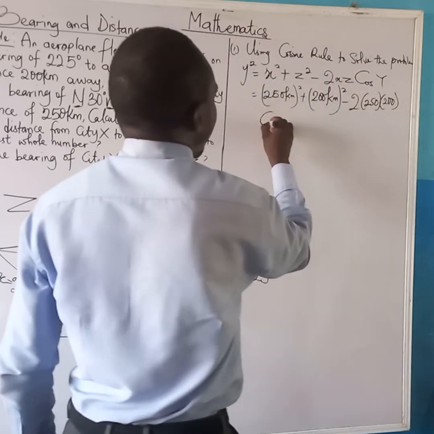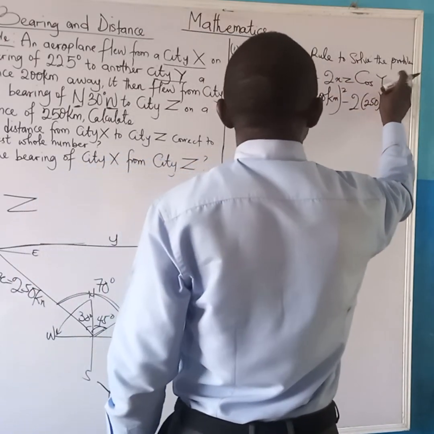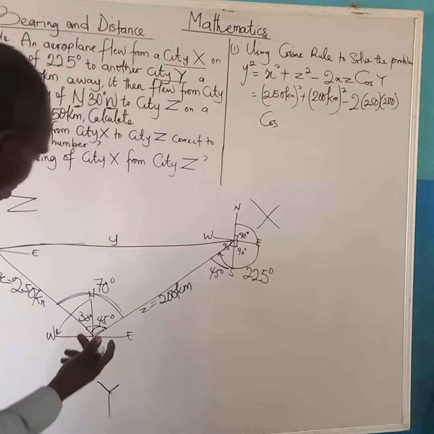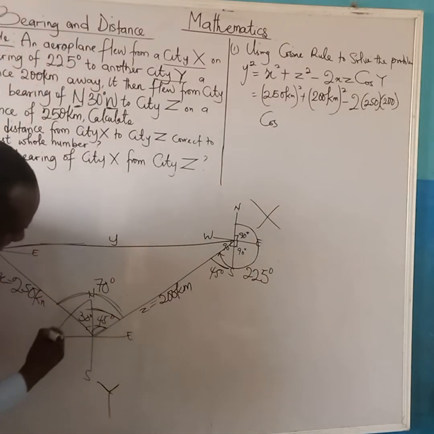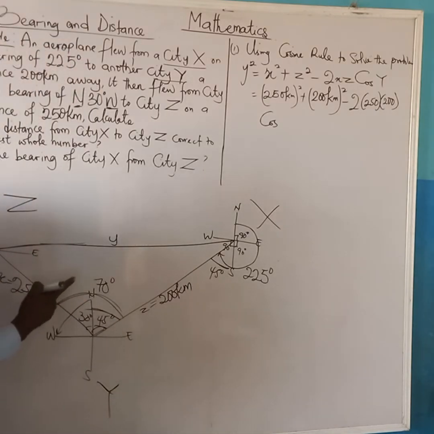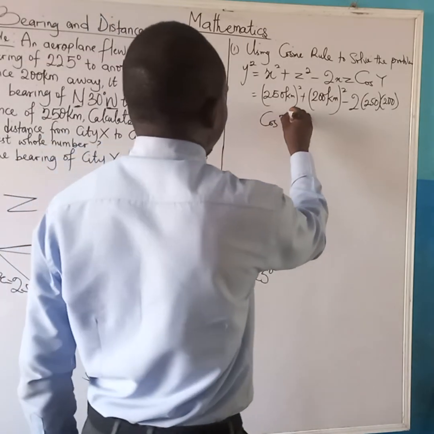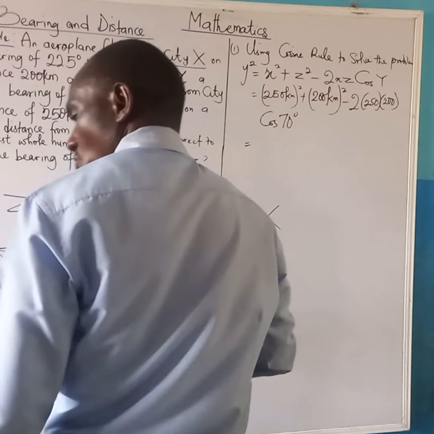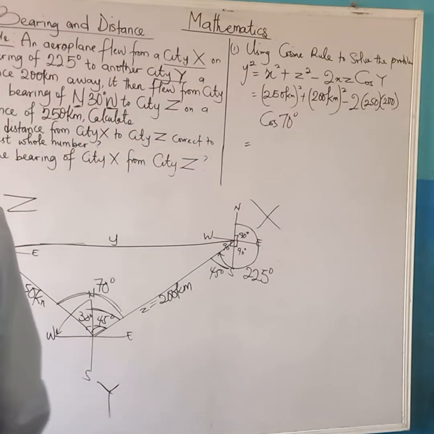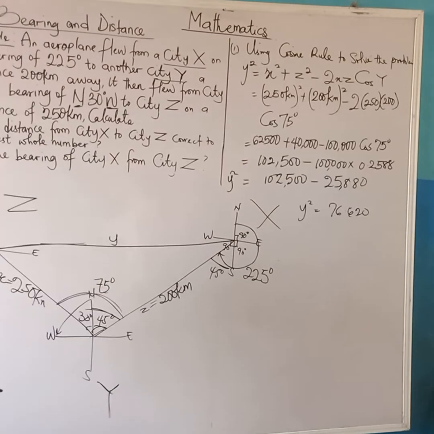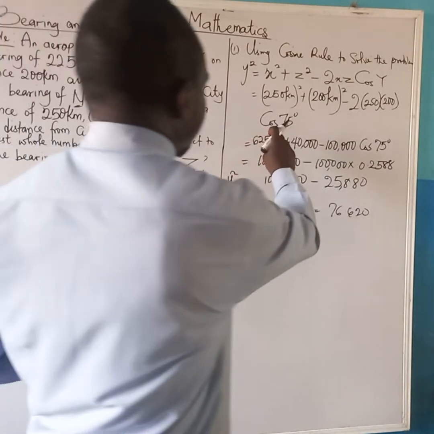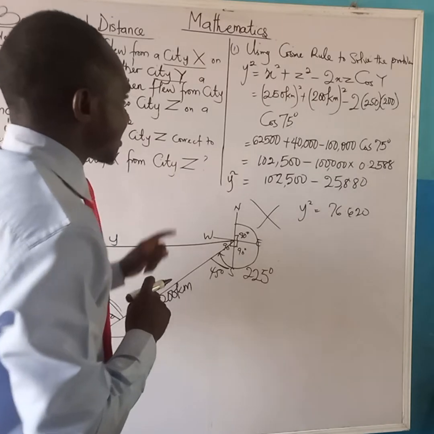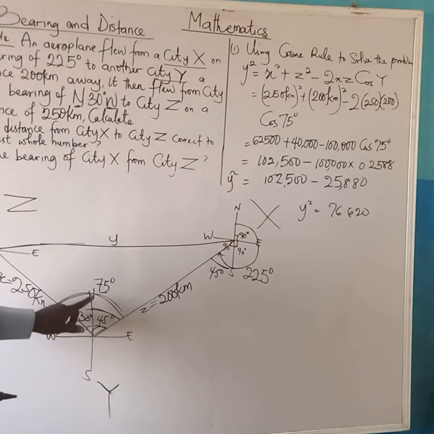Then we have cosine of the angle Y, and the angle is given to us as 45 plus 30, which is 75 degrees. So we have cos 75 degrees.